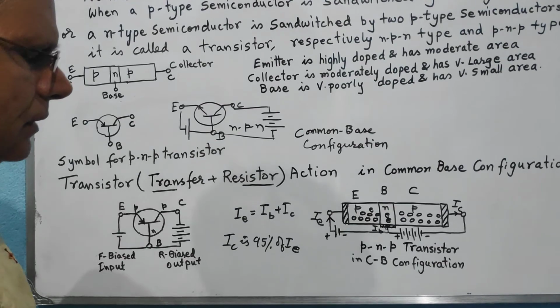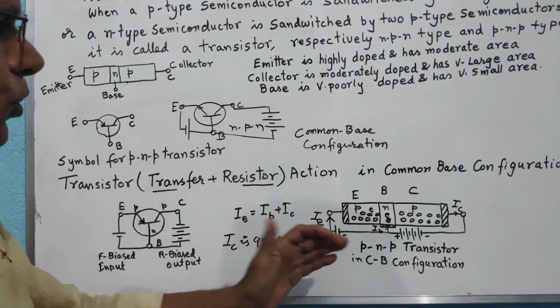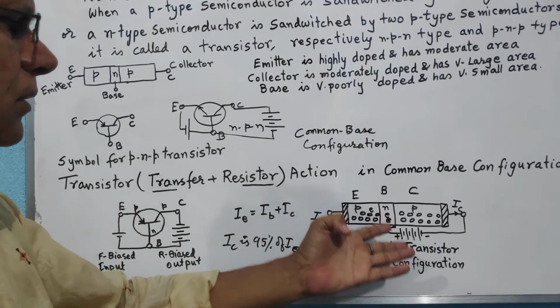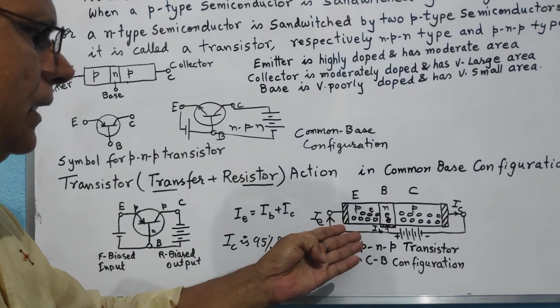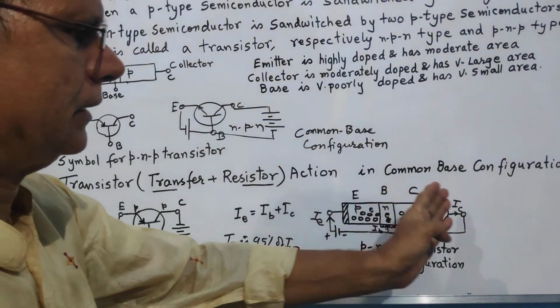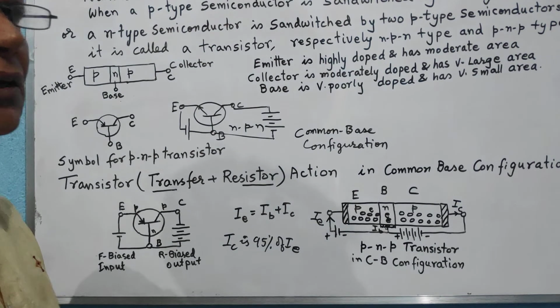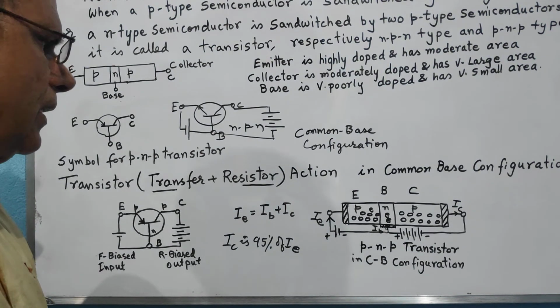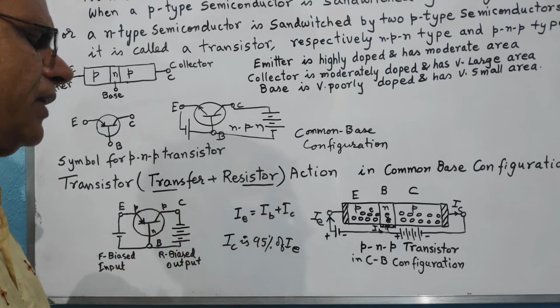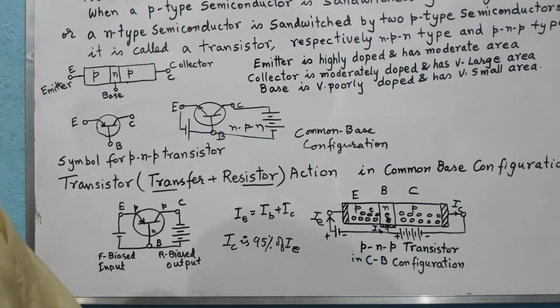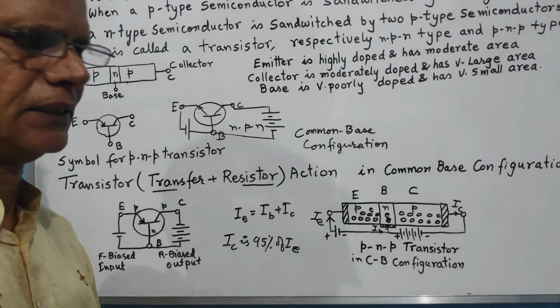So this is how we see that though there was a resistance, the majority charge carriers are able to flow across the transistor, and hence the name transfer of resistor, and this is called transistor action.